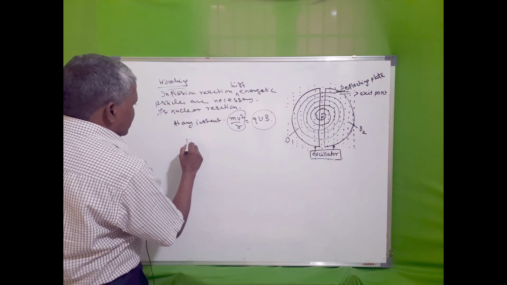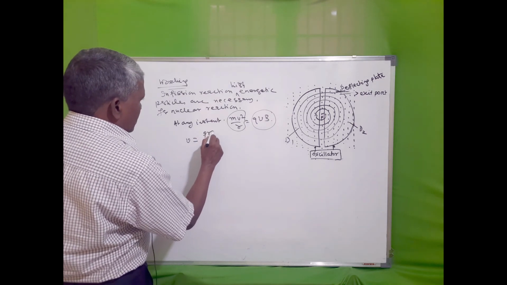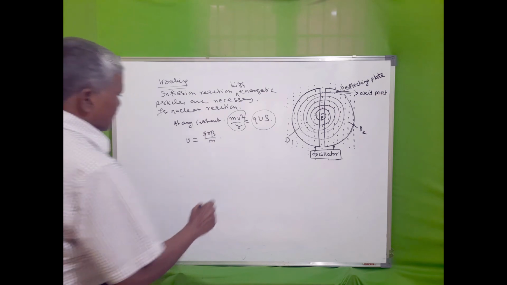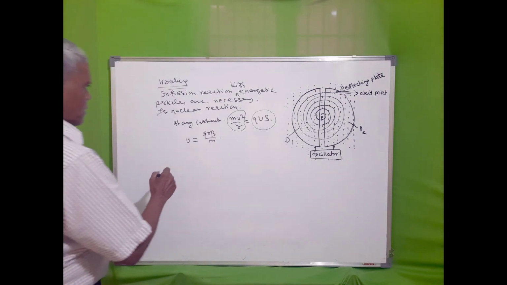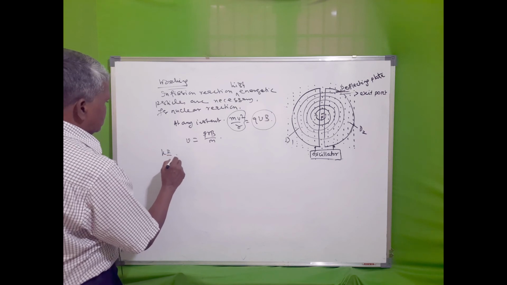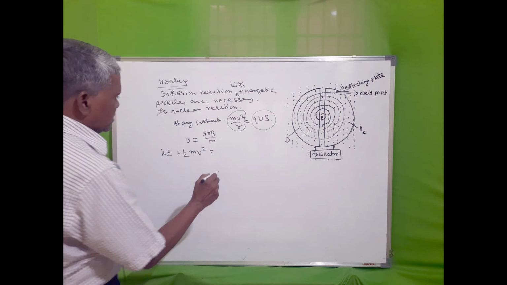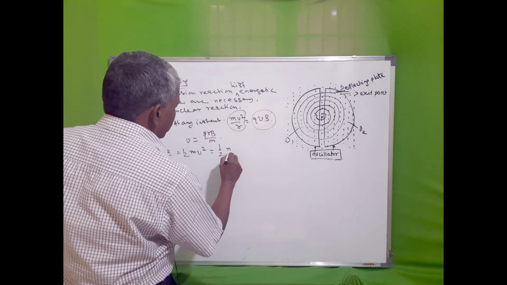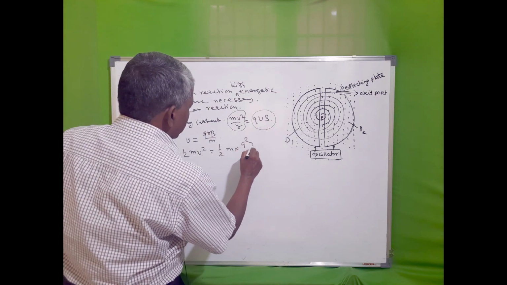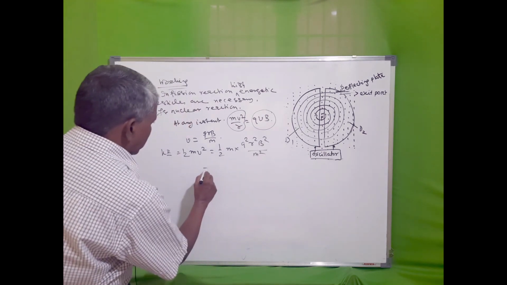That's why v is equal to qrB by m, or kinetic energy is equal to half mv square, that is half m into q square r square B square by m square.